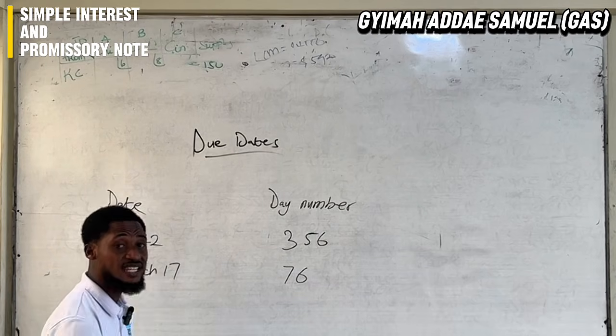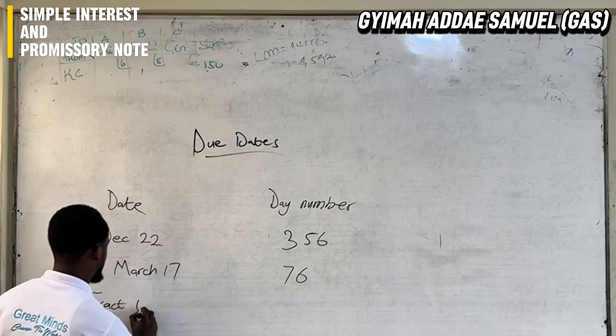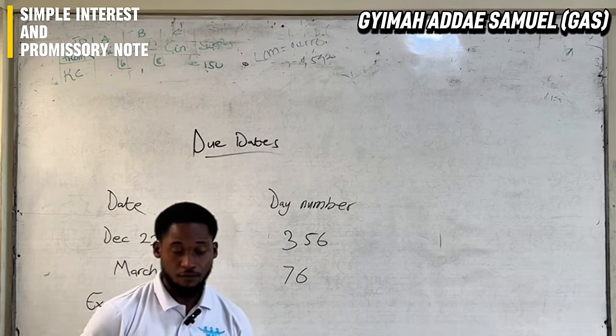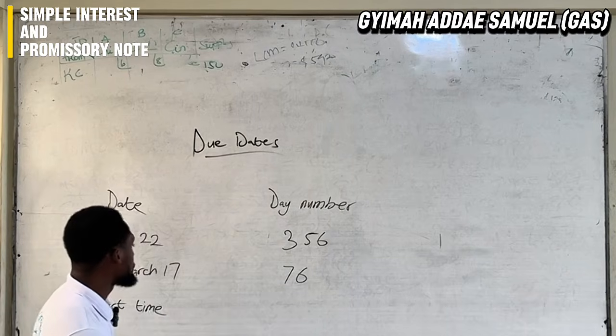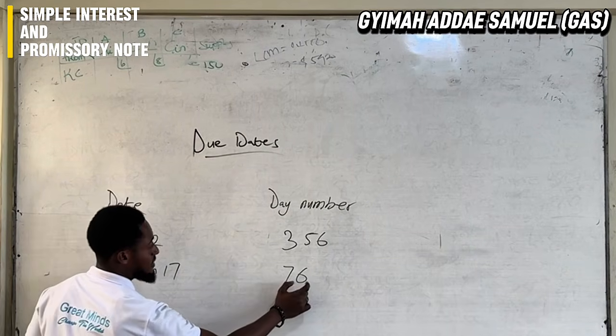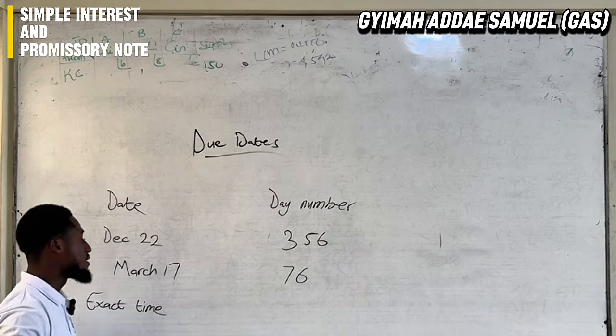So when computing the exact time, what you do is subtract the 76 from the 356 to get your exact time.